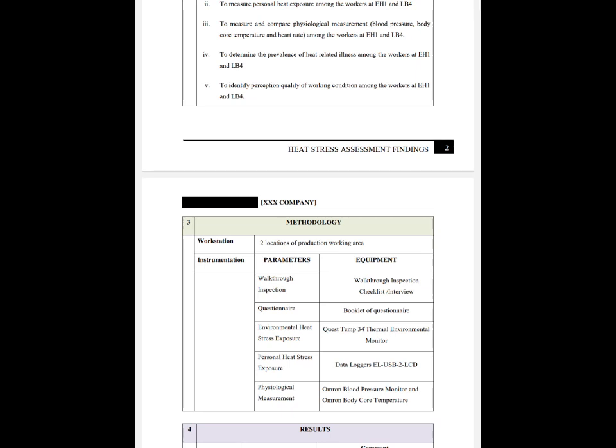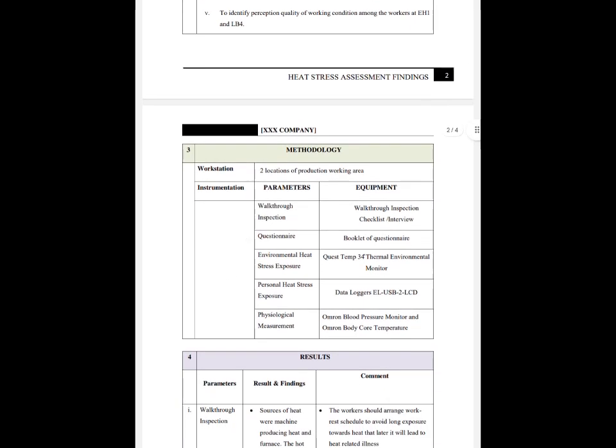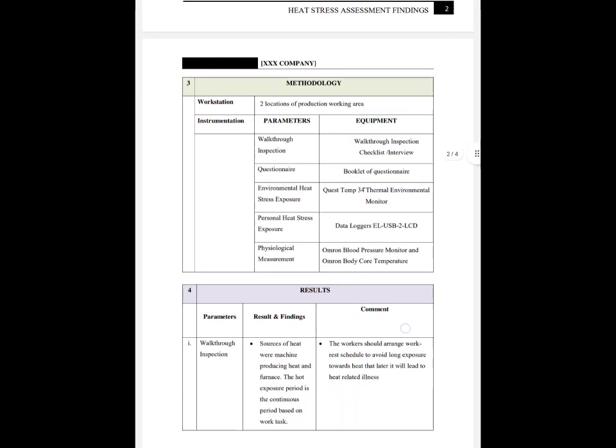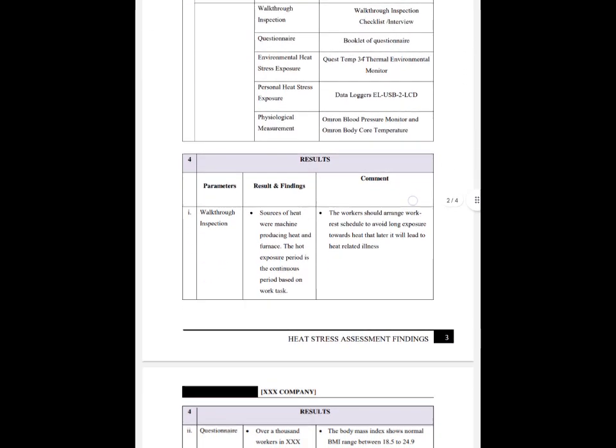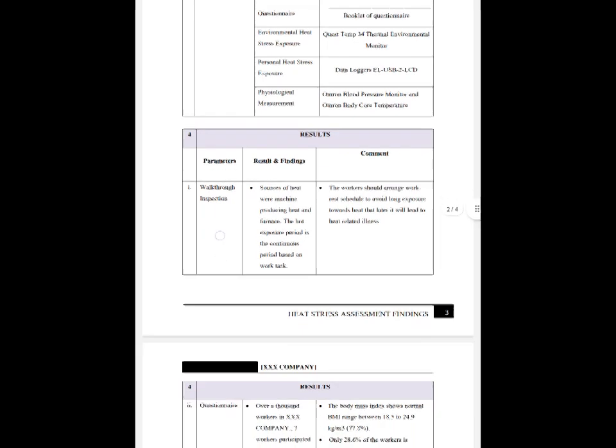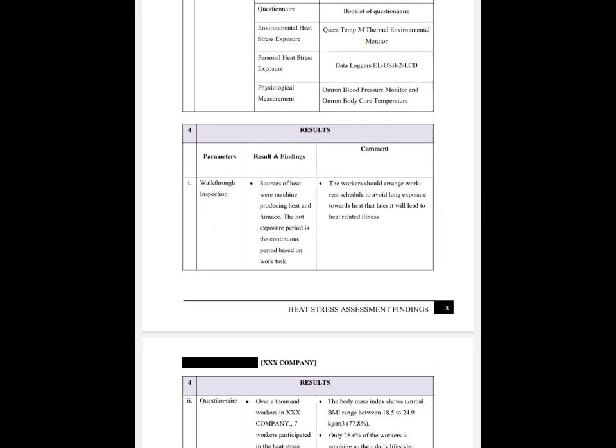For all of these parameters, they state the equipment that had been used for the assessment. They also describe briefly the results. Here we can see for each parameter, they give the results and findings and also some comments.